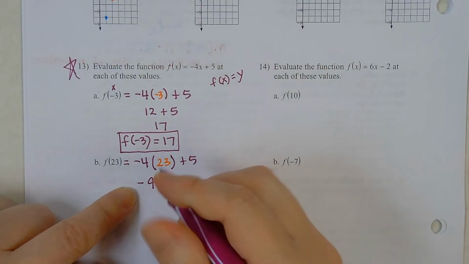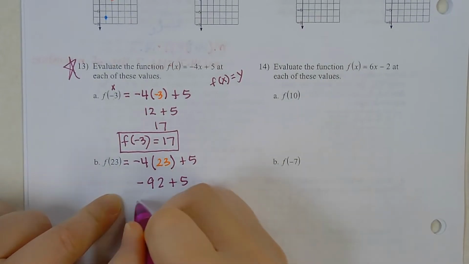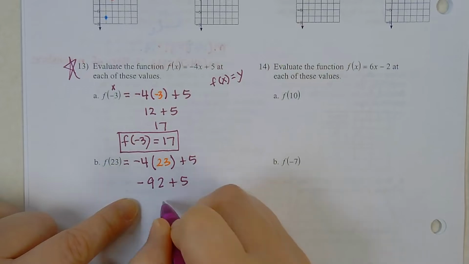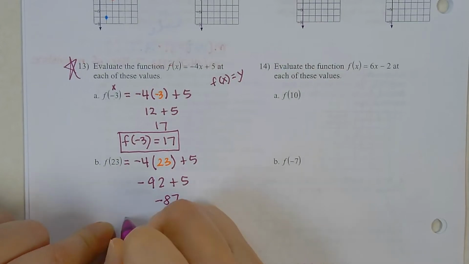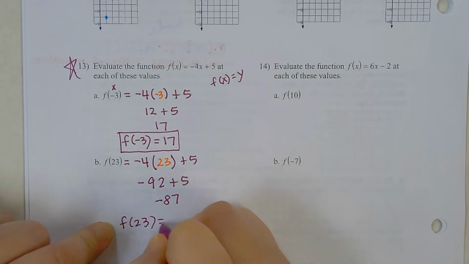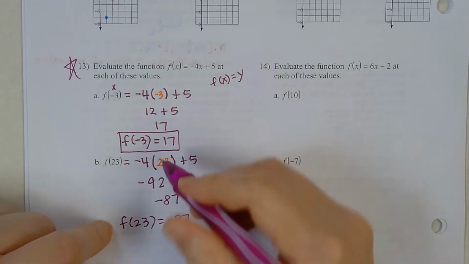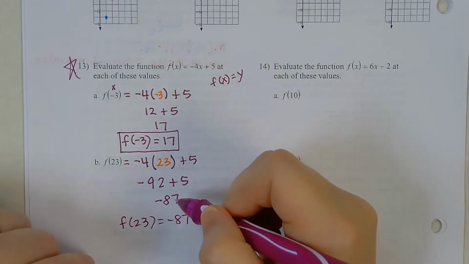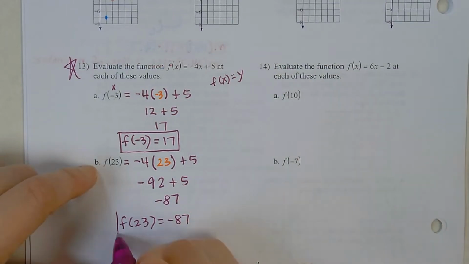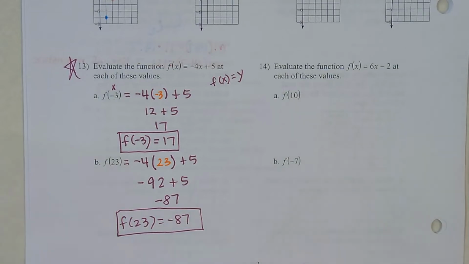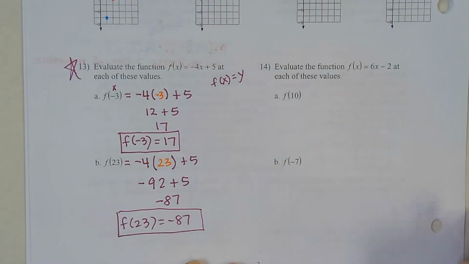So -92 plus 5, which is going to be equal to -87. So f of 23 is equal to -87. Just want to make sure that that was actually equal to 92. There we go.